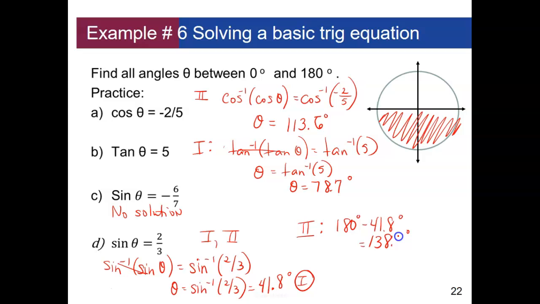So if you're not sure and you want to check your work, all you really have to do is take the sine of 41.8 and make sure it's 2/3, and take the sine of 138.2 and make sure the sine of it is 2/3. So they should both check for you.